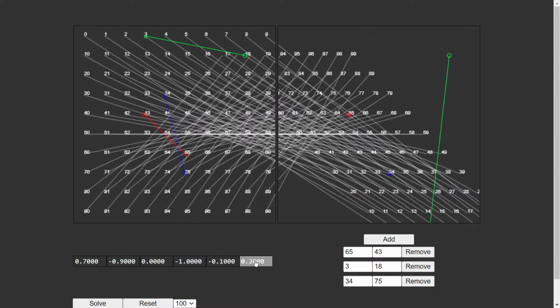Okay, so I fit blue and red, but it doesn't look like green would be okay. So all right, I'm gonna go back.